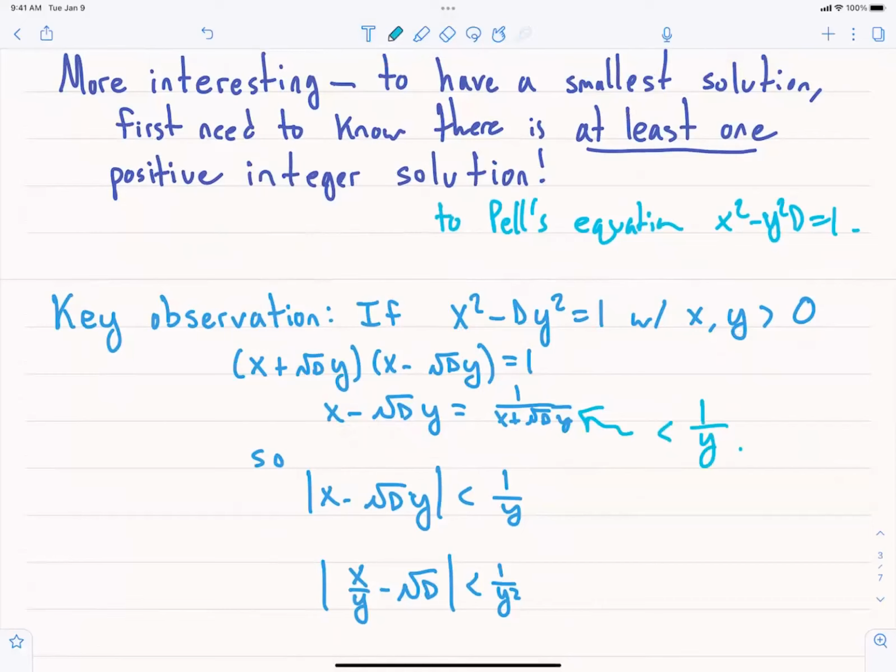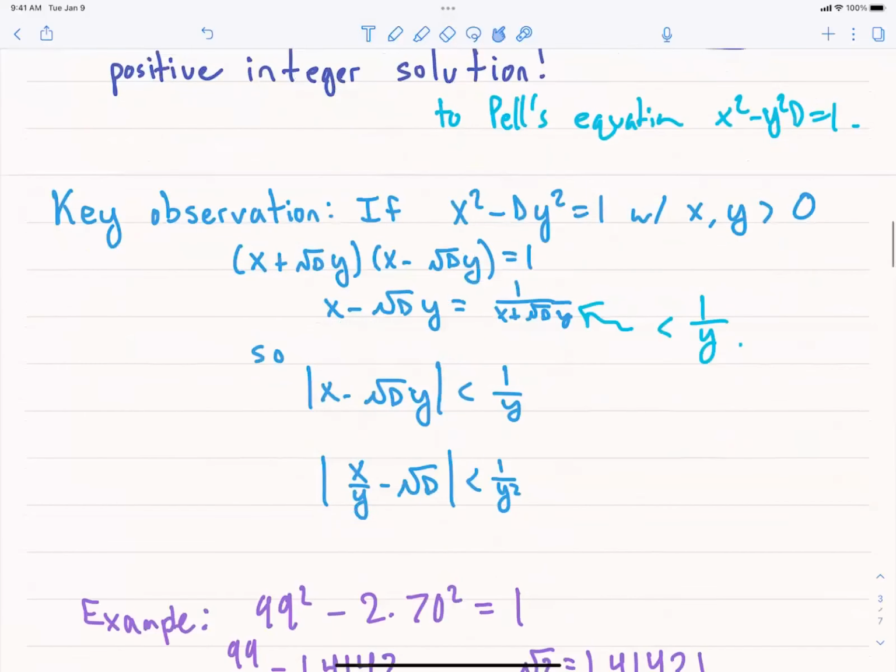And so, in particular, this thing on the left, x minus square root of d times y, is less than 1 over y. Now, if I divide both sides by y, I get x over y minus square root of d is less than 1 over y squared. So if y is big, then 1 over y squared is very, very small.